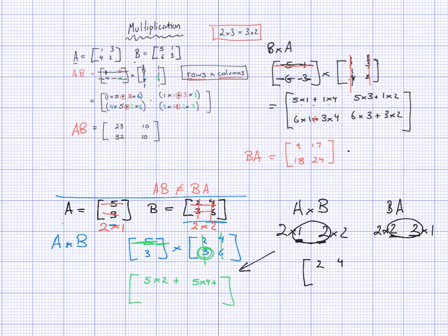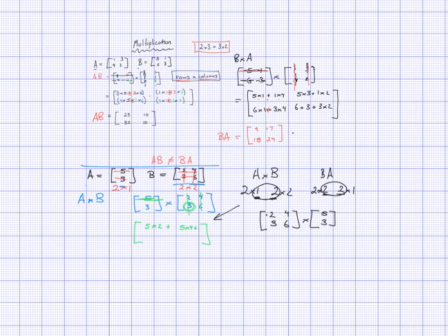So if I write B first, 3, 6 times 5, 3, we will find out that rows by columns will now work. So this should be 2 by 5 plus 4 by 3, and then, sorry, not 3 by 6, 3 by 5 plus 6 by 3.